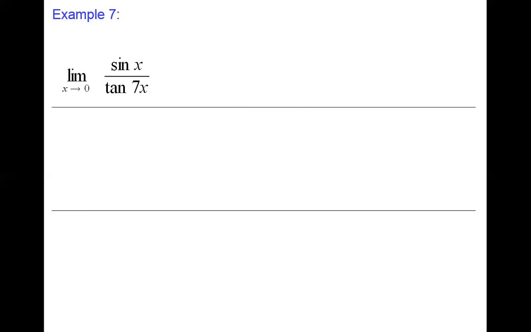That means I need x and x. I did multiply everything by 7x, because I don't have to worry about x, which I will cancel out anyway. That means I have my original limit, sine of x over tan 7x, the same thing, and I multiply by 7x and divide by 7x.